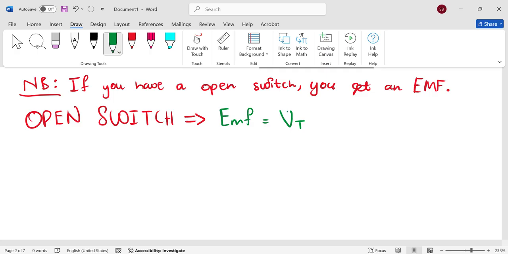That means no current is flowing. By the way, that is a very important point that you must not forget.